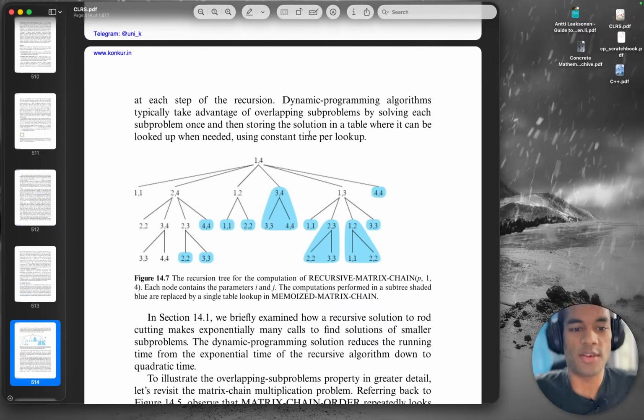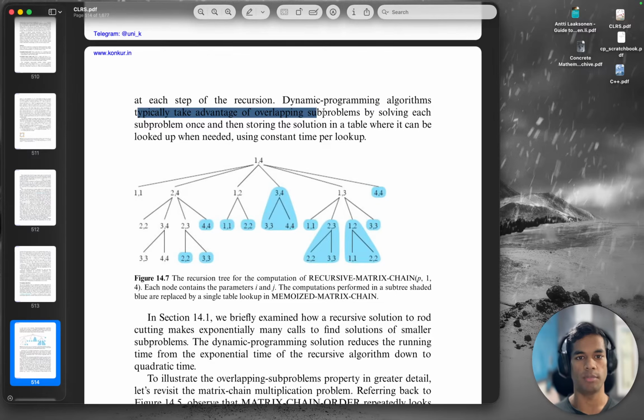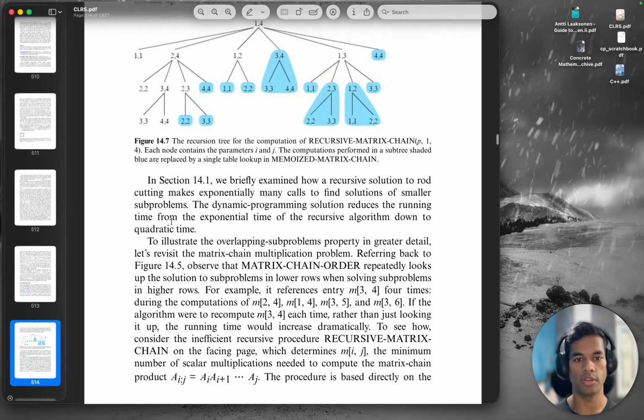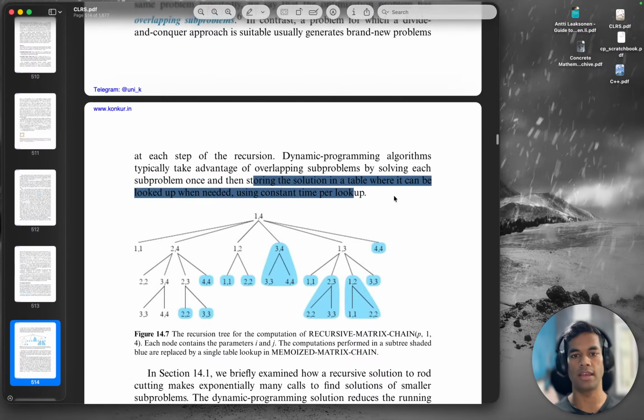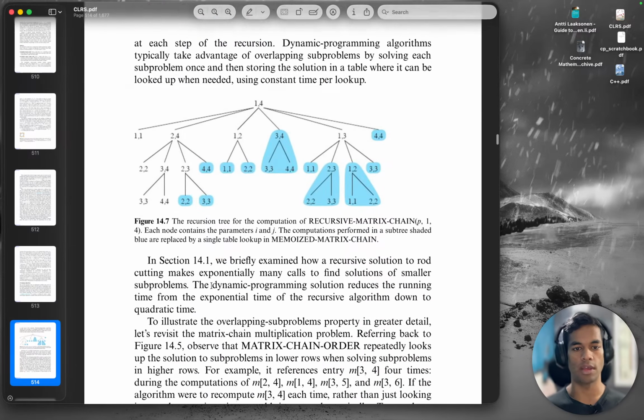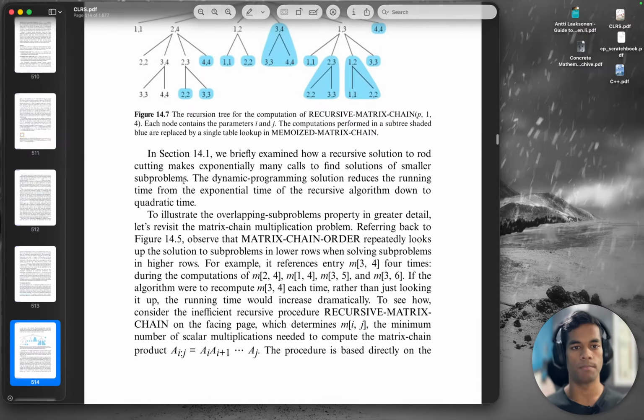That is a nice phrase. Dynamic programming algorithms typically take advantage of the fact that the subproblems are overlapping and we store the solutions, and we do not solve them again and again. We just, in constant time, look up the solutions that we have already solved.